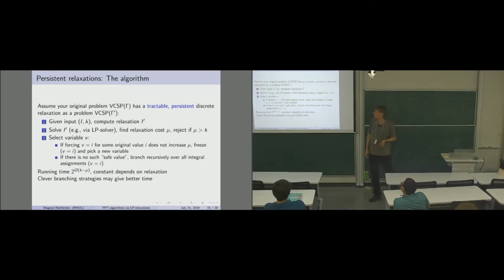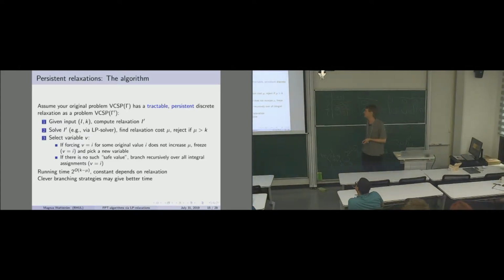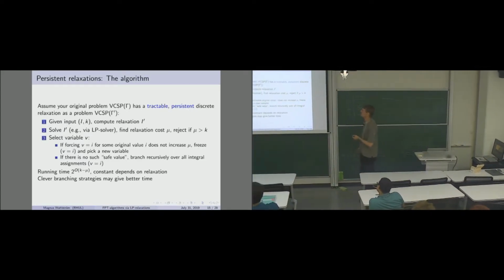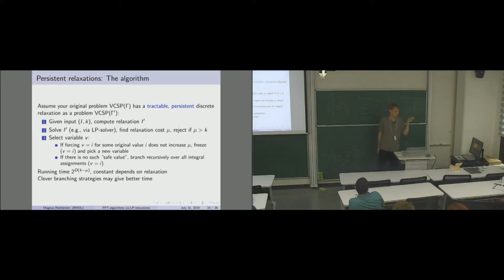If you're clever about a specific problem, you can do a little bit better with the branching strategy, but in general, persistence and tractability for the relaxation implies that your original problem has an FPT algorithm by a very uniform scheme.